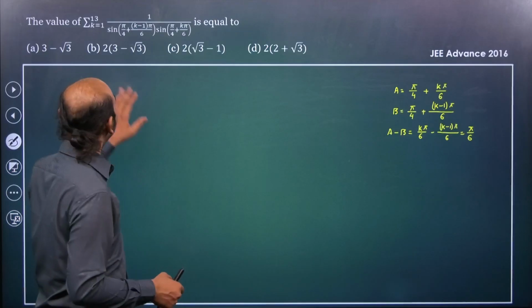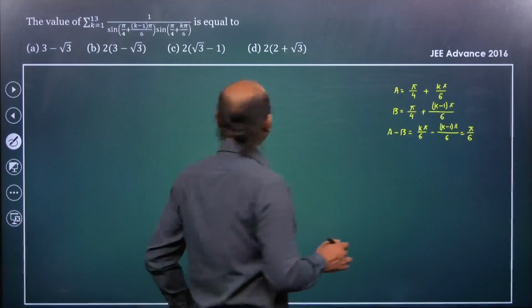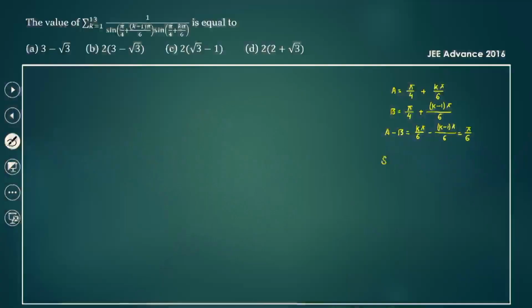That's the only information we have. Now let us consider the given summation. Let's consider that in my case, S is equal to summation k equal to 1 to 13 of 1 by sine A sine B. That's the problem.